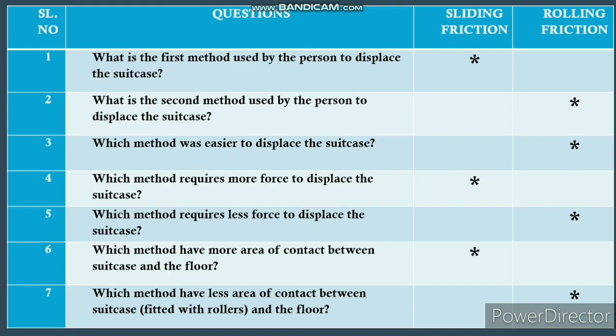Which method has more area of contact between the suitcase and the floor? The answer is sliding friction. And the last and final question. Which method has less area of contact between the suitcase and the floor? The answer is rolling friction.